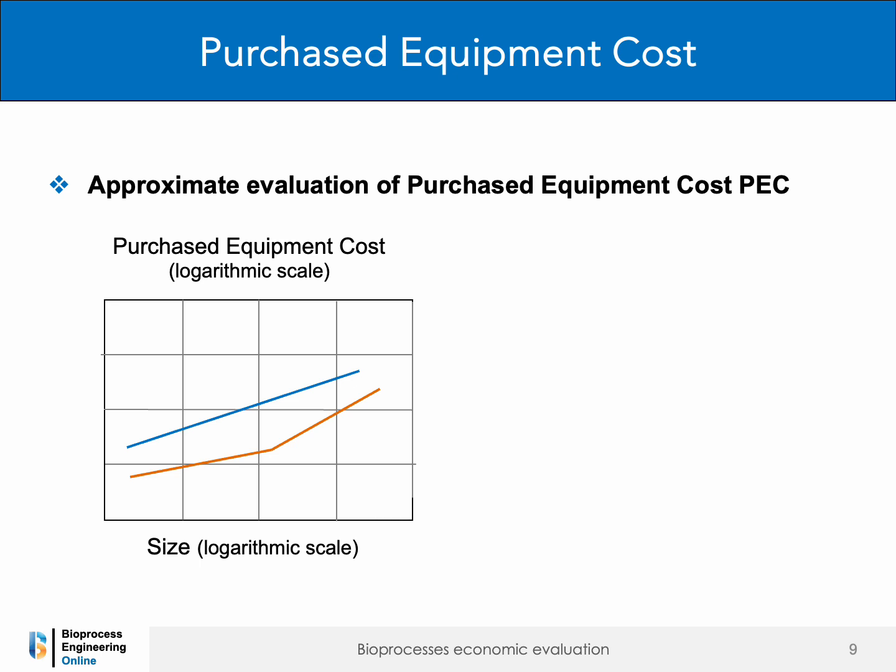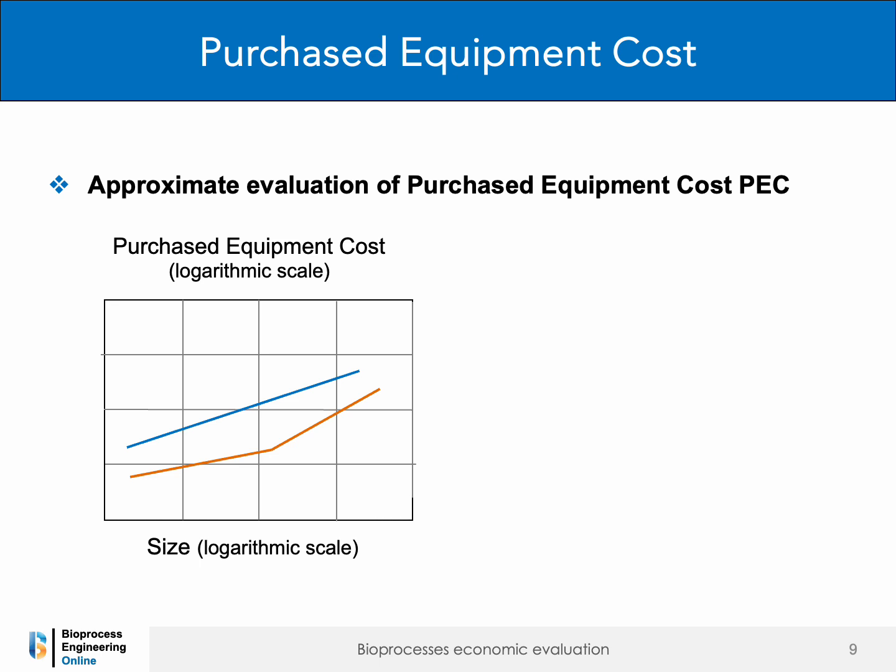The third step involves evaluating the purchased equipment cost, PEC. The cost of equipment is most accurately obtained directly from equipment providers. Alternatively, it can be approximated using available graphs that depict the equipment purchase cost as a function of its size.